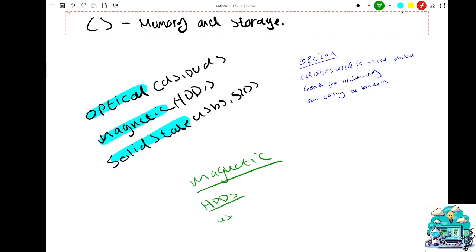Uses like a pin in the middle, and spinning discs to read data.